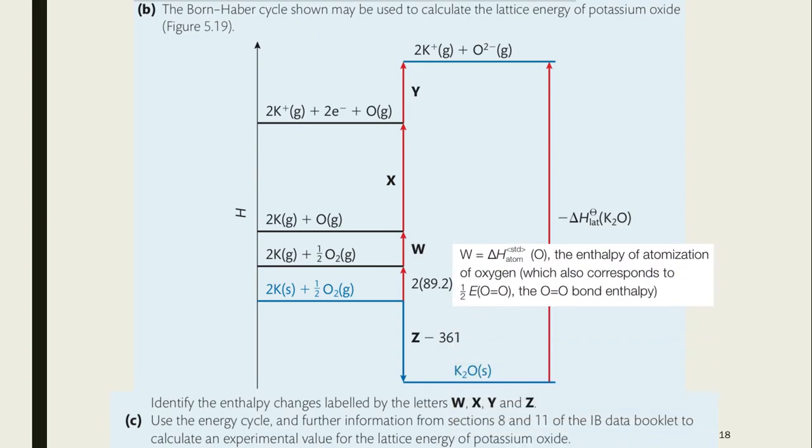Okay, let's start with W. Well, in step W, we're taking that oxygen molecule and turning it into one oxygen atom. Okay, this is the bond enthalpy. It is also the enthalpy of atomization of oxygen. We just usually call it bond enthalpy. So that's where we take the oxygen molecule, we break its bond.